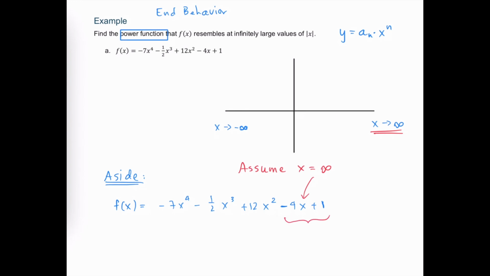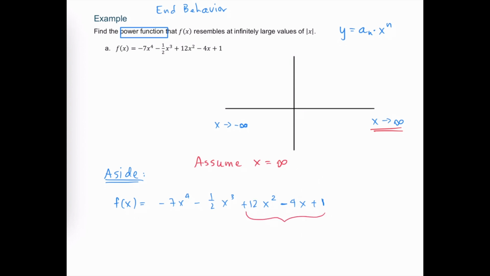What this quantity becomes is something really close to just negative 4x. Adding 1 to negative 4 times infinity contributes a negligible amount, so negative 4x plus 1 with infinity plugged in is almost the same thing as just negative 4x.